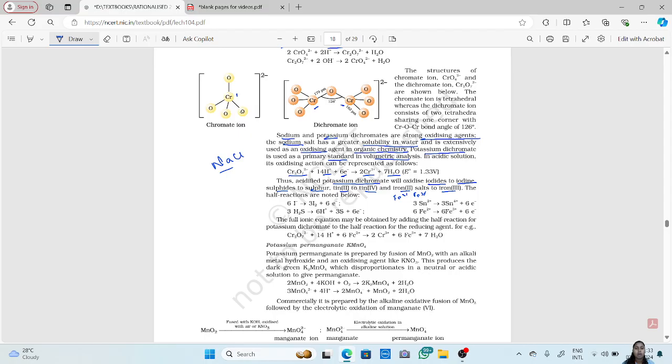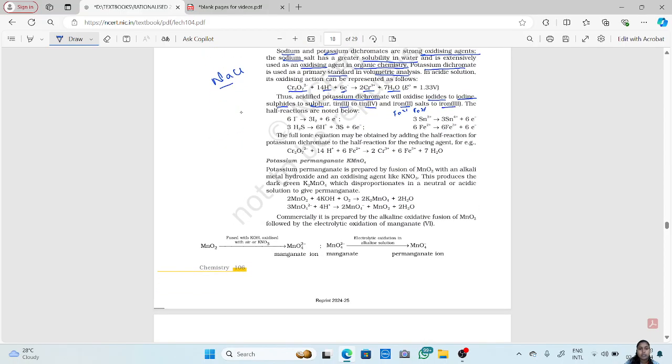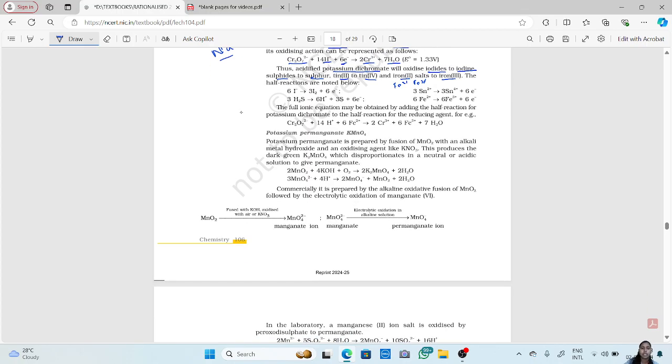So this is the oxidizing power of potassium dichromate. Here you can see I told you iron 2 to iron 3. A reaction is given here. This is dichromate ion plus hydrogen ions, and this is Fe2 plus. Here you can see it is converted to Fe3 plus.